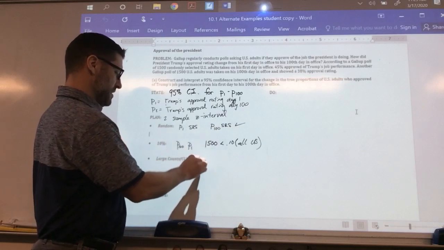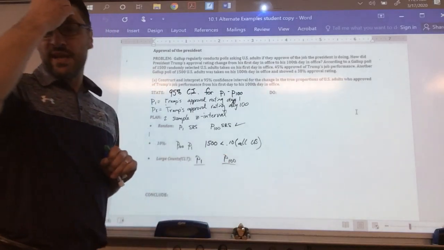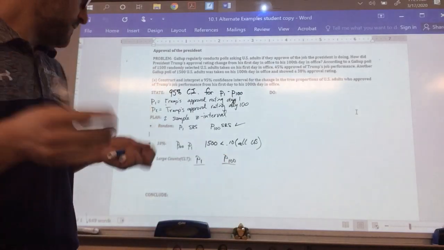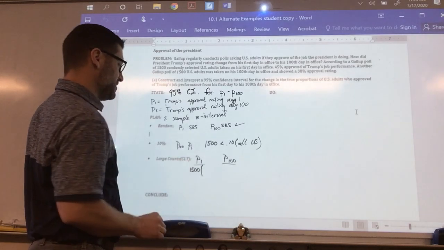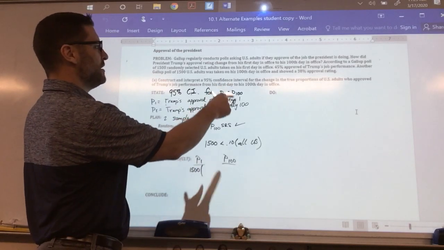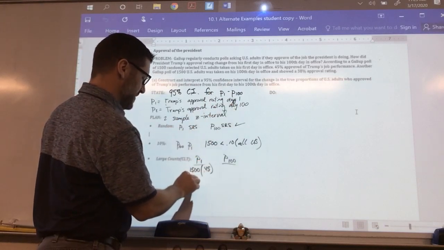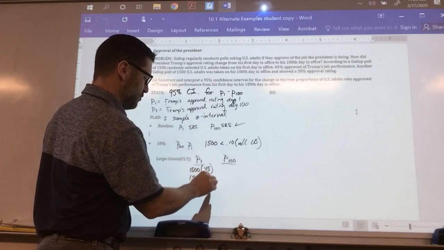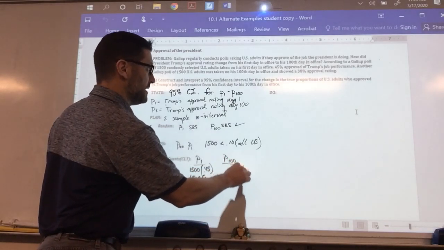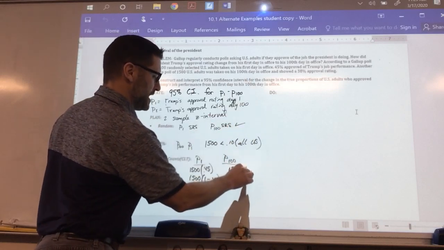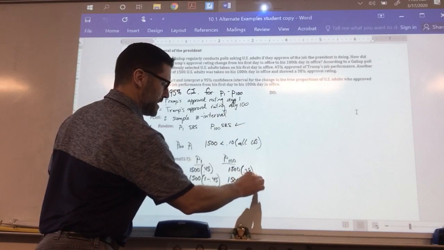So for P1 and P100, I will check that large counts condition. You take 1,500, your sample size, times the proportion, which one of them was 0.45, and then you take 1,500 times 1 minus 0.45, and then you take 1,500 times the 0.38, and then 1,500 times 1 minus the 0.38.